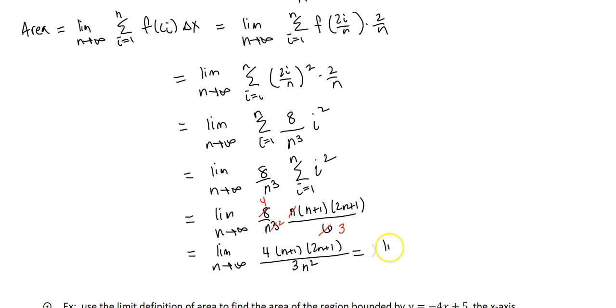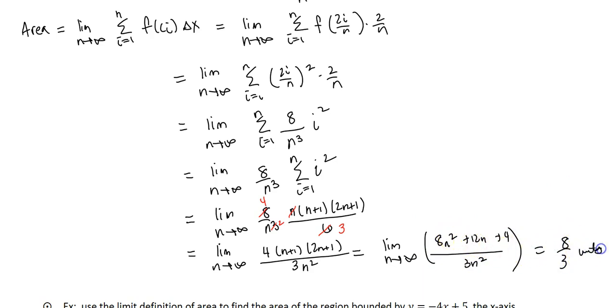And if you multiply out the top, you would get the limit of 8n squared plus 12n plus 4 all over 3n squared. And since these have the same degree, this is going to be 8/3. So the area here is 8/3 units squared.